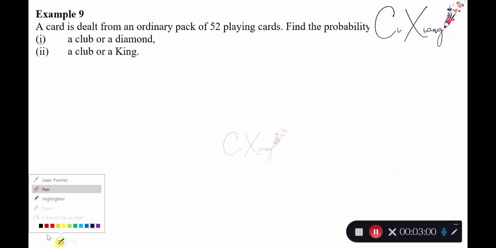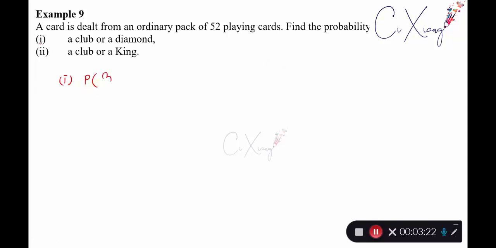Okay, so let's have a look and see how we try to answer some questions here. You take out a card from a set of playing cards. Find the probability that the card is a club or a diamond. You can use common sense to answer this question if you want. Here, or means union.